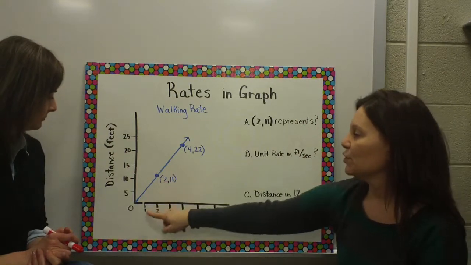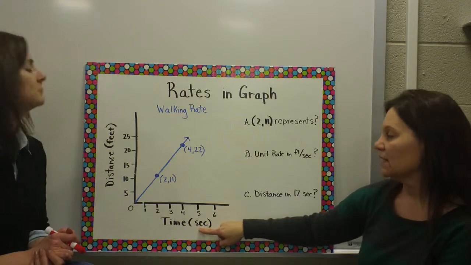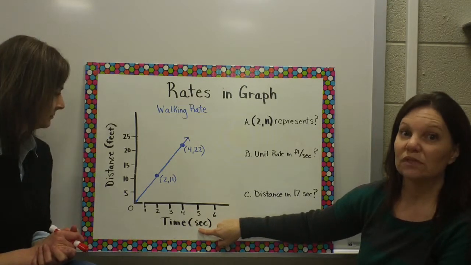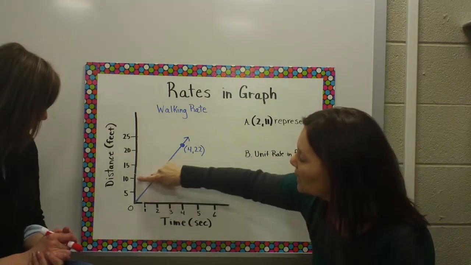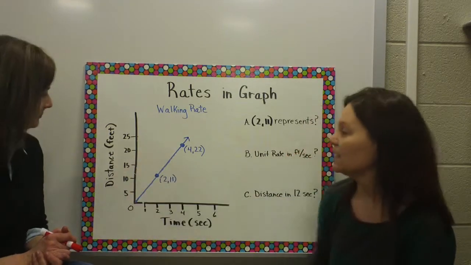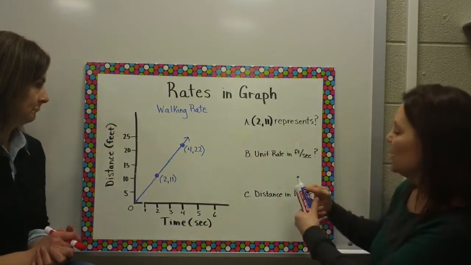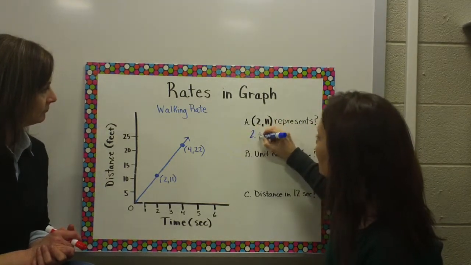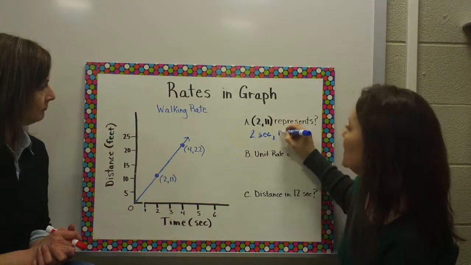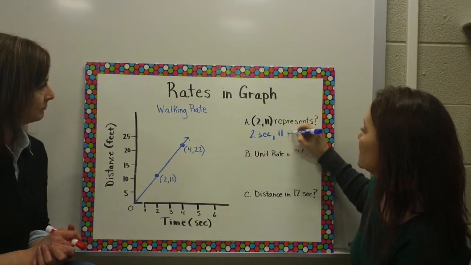So the first number 2 down here represents the seconds, so that means 2 seconds. And the second number 11 is my y-axis. I go over here, and that's my distance in feet, so that's 11 feet. So that represents 2 seconds and 11 feet.